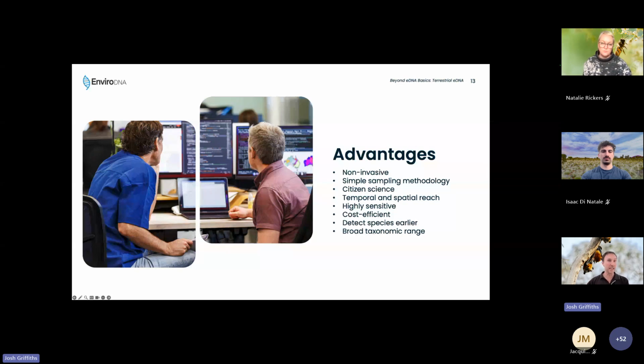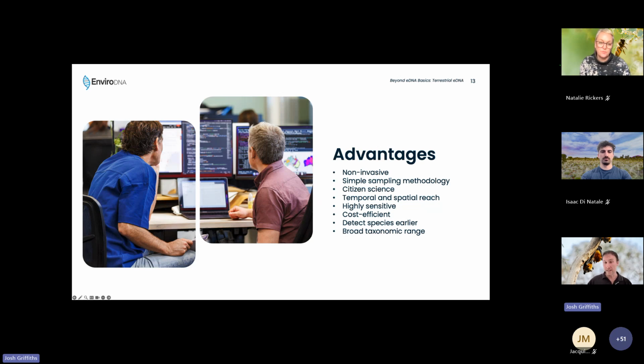The sampling methodology can be really simple, and even in terrestrial systems where it can be fairly diverse, it can still be a fairly simple sampling technology, so you don't need specialised equipment and specialised training, which opens it up to things like citizen science projects, which has been a really pleasing development that we've seen over the years. It also means because DNA can persist and travel in certain environments, you get greater temporal and spatial reach. So you don't have to be at the exact location at the exact time of your species of interest.